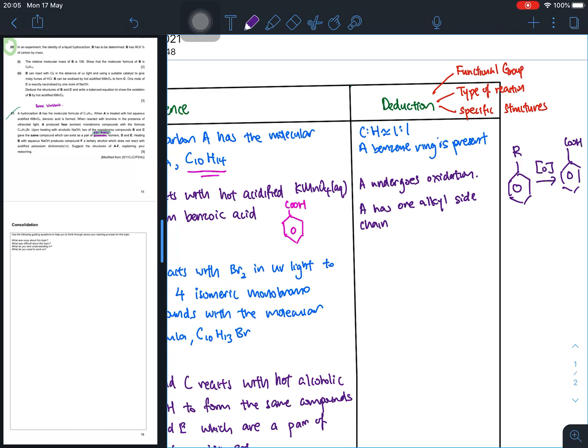The reason is that if there's more than one side chain, for example two, then with side chain oxidation, if both groups have benzylic hydrogen, instead of a benzoic acid it would form a dicarboxylic acid because both sides would be substituted. Because this question is talking about benzoic acid being formed, this is what we are looking at, and therefore we can deduce that it has only one alkyl side chain.